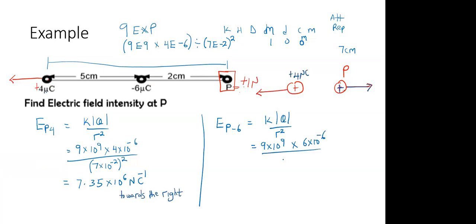What are we going to divide with down? What is the distance between the negative 6 and P? 2 times 10 to the power negative 2, then squared.